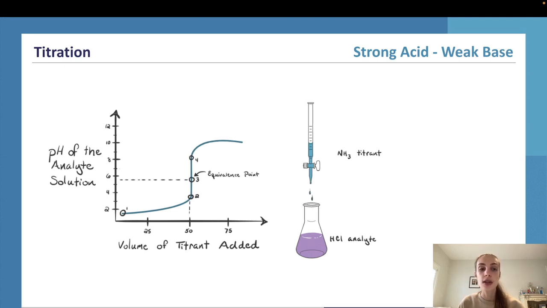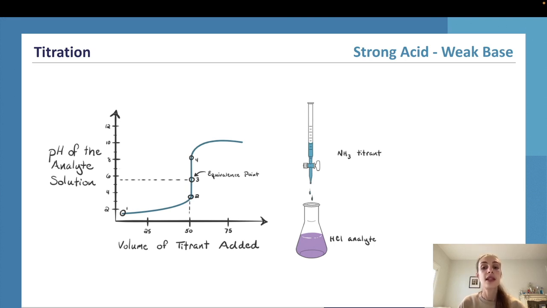And this is because the hydrochloric acid is stronger as an acid than the ammonia is as a base. So the concentration of hydrogen ions will be greater than the concentration of the hydroxide ions.